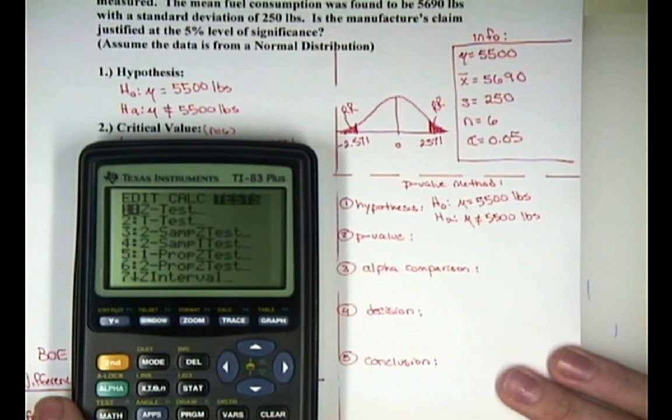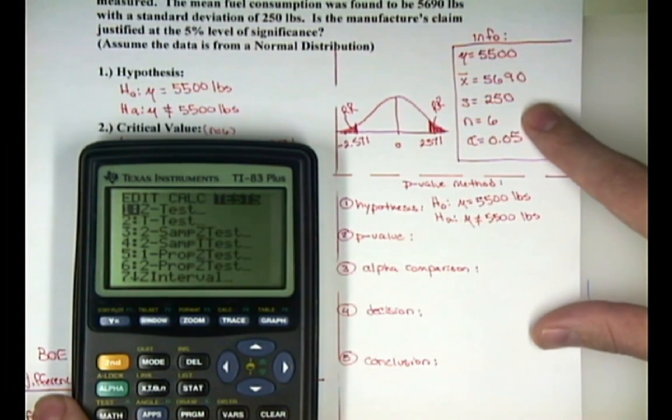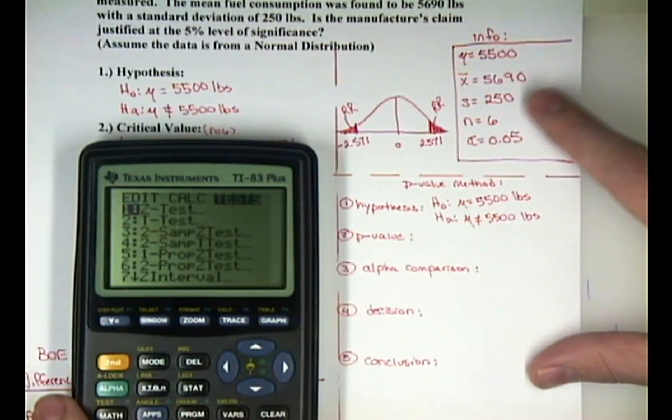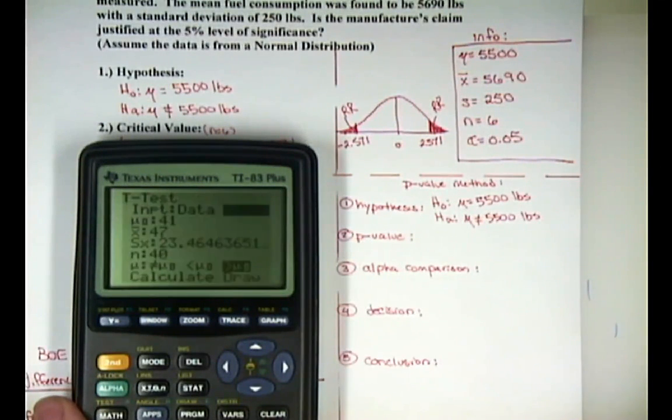When sigma is known, we're doing a z-test. When sigma is unknown, we want to do a t-test. Well, a tip-off is that you were given S's for sample standard deviations. So sigma is unknown in this case, so we're going to go down, we're going to do a t-test.